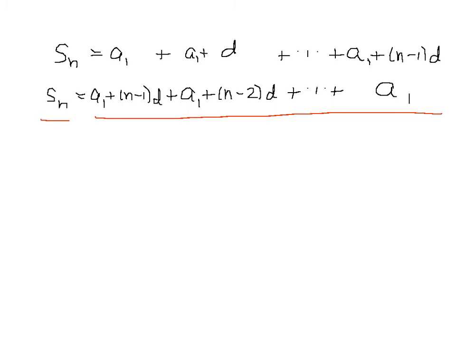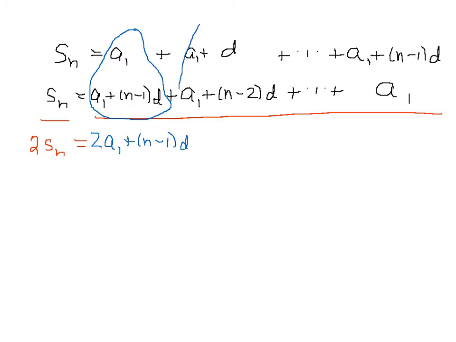On the left side, I'm going to get 2 s sub n. Now look, let's try to organize this. When I add this chunk up, I get 2a sub 1 plus n minus 1 times d.